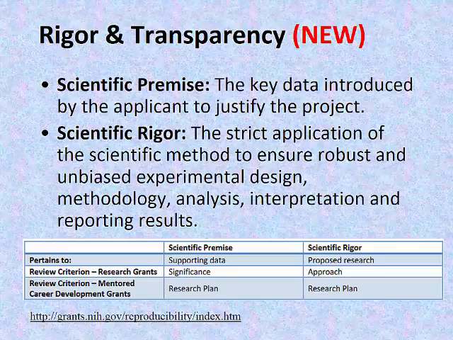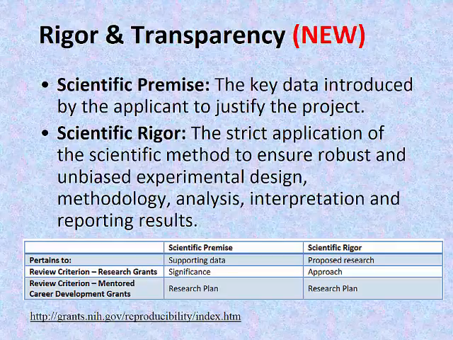The scientific premise is where key data is introduced by the applicant to justify the project. Now, you don't need preliminary data to write a K award, but the key justification might come from the literature, right? Scientific rigor is the strict application of the scientific method to ensure robust and unbiased experimental design, methods, analysis, interpretation, reporting results.